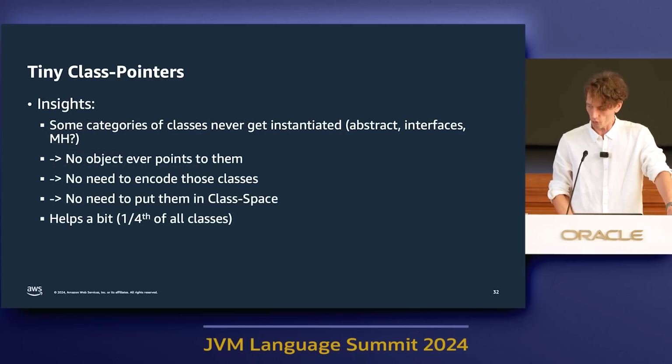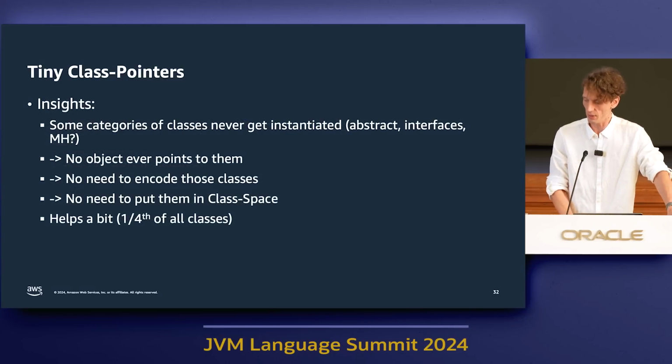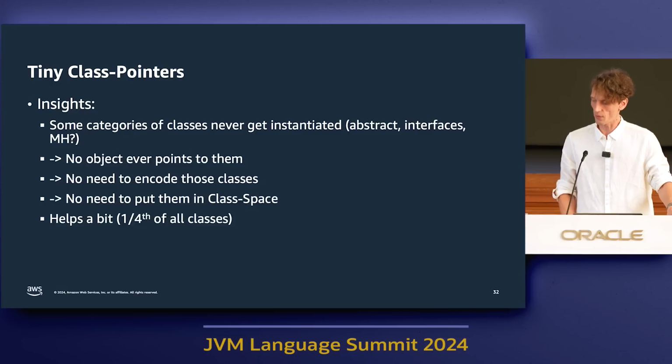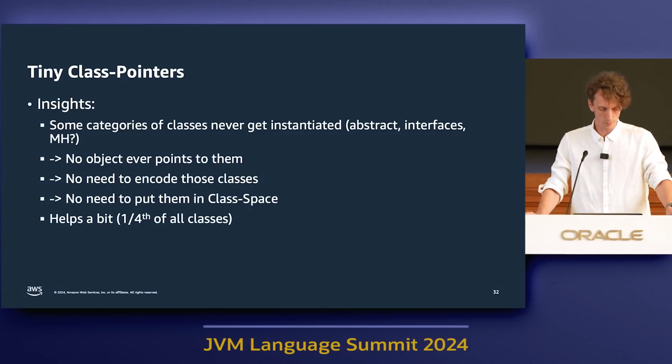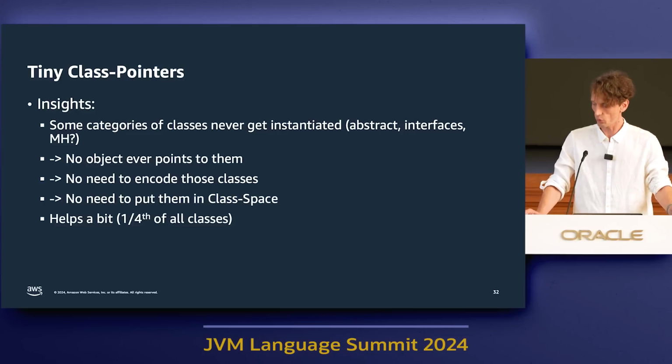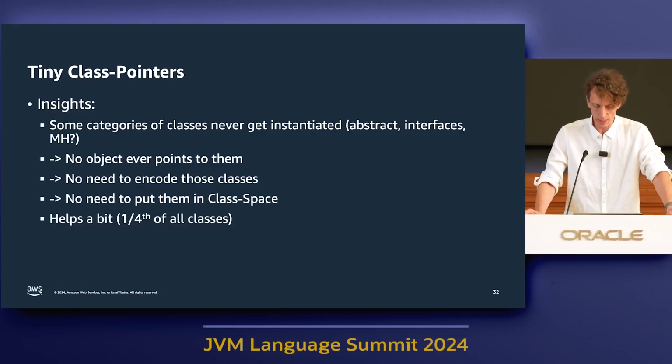The first shot at addressing this is the insight that some categories of classes are never instantiated. This is abstract classes and interfaces. I think some of the method handle stuff is never instantiated either, but that's a question mark because I'm not sure about this. That means there's no instance of those classes, so we don't have to encode them to begin with. There's no need to put them into class space. This helps a bit.